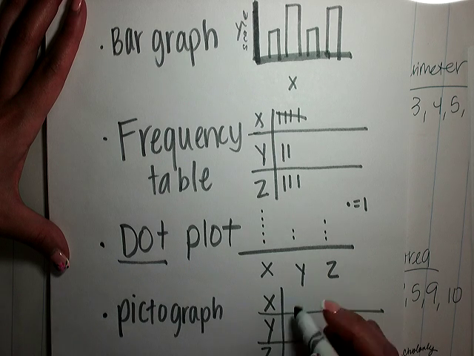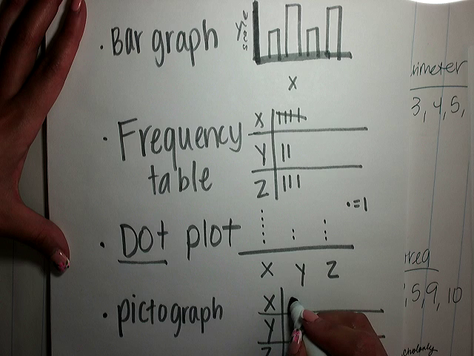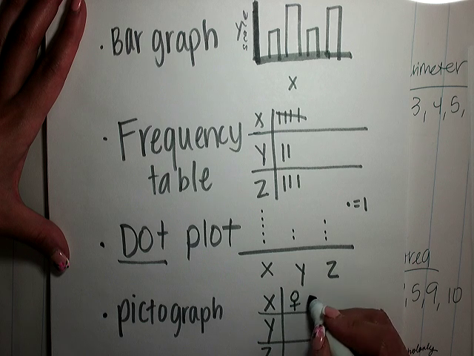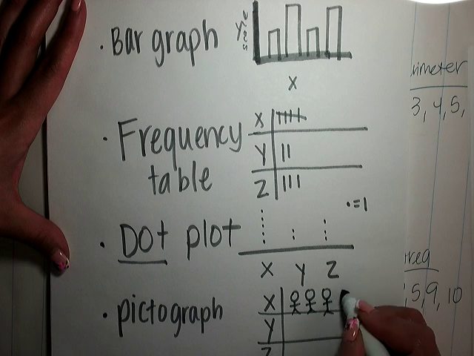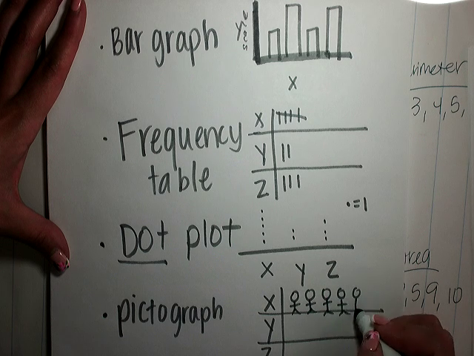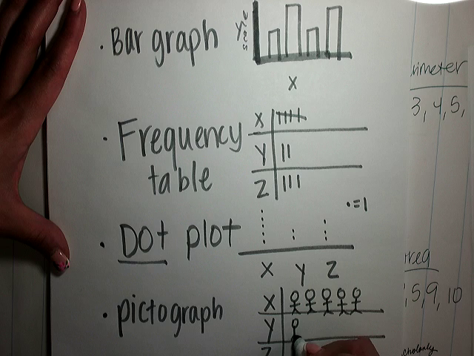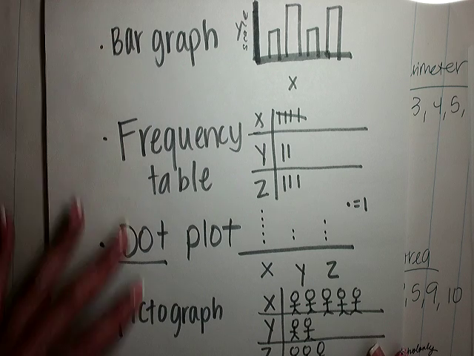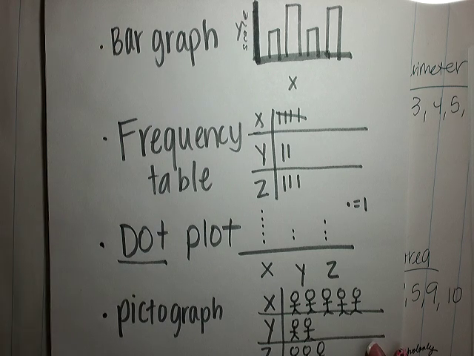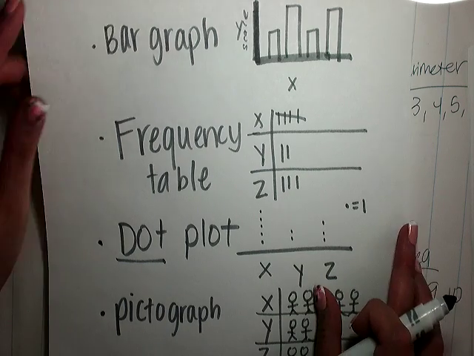So let's say we were talking about your favorite letter, and each body is one person. So I'm using the picture of students to show students. So there's lots and lots of ways that you can show data.